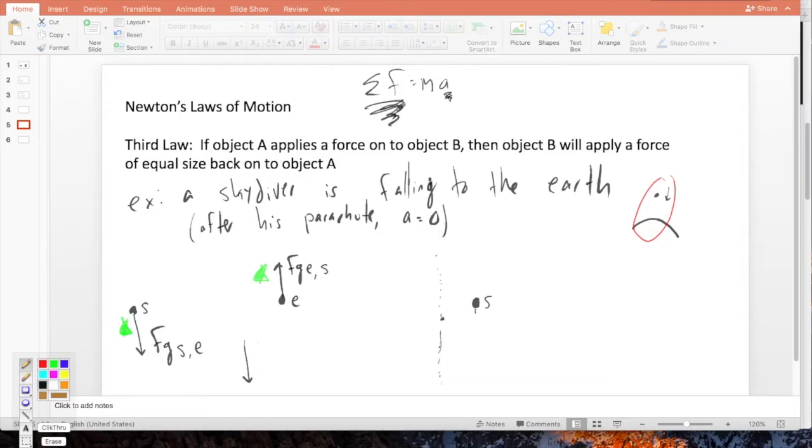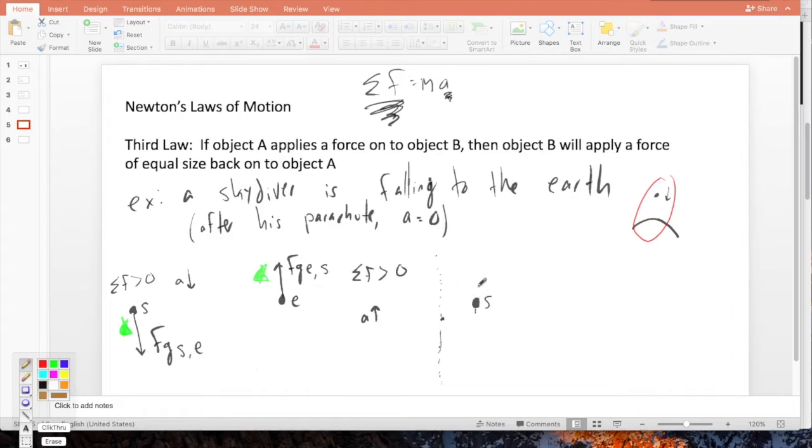A net force, an unbalanced force, causes a change in motion. A total overall force causes acceleration. So this skydiver is accelerating downward. Maybe I could say that the net force here is greater than 0, and the skydiver is accelerating downward.